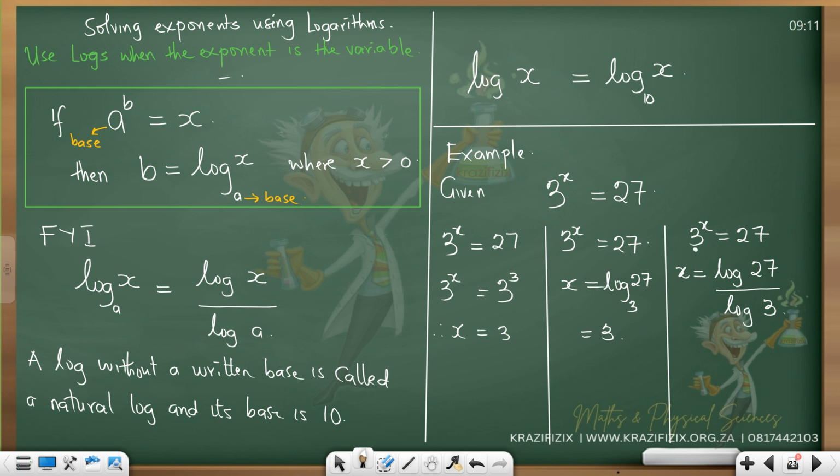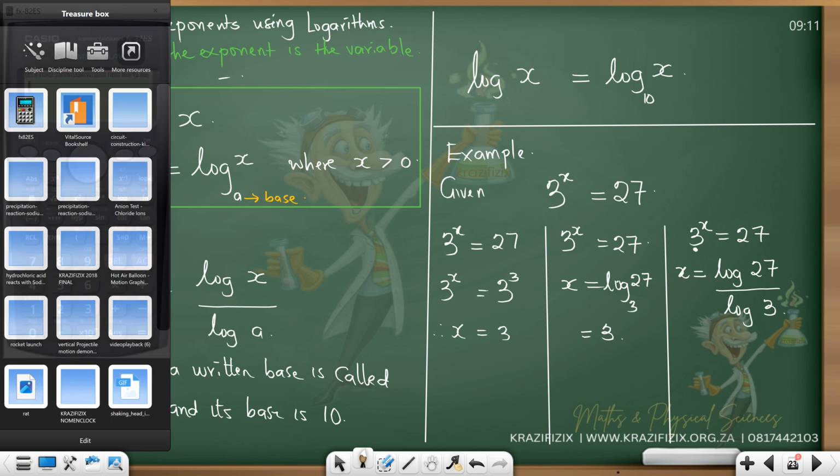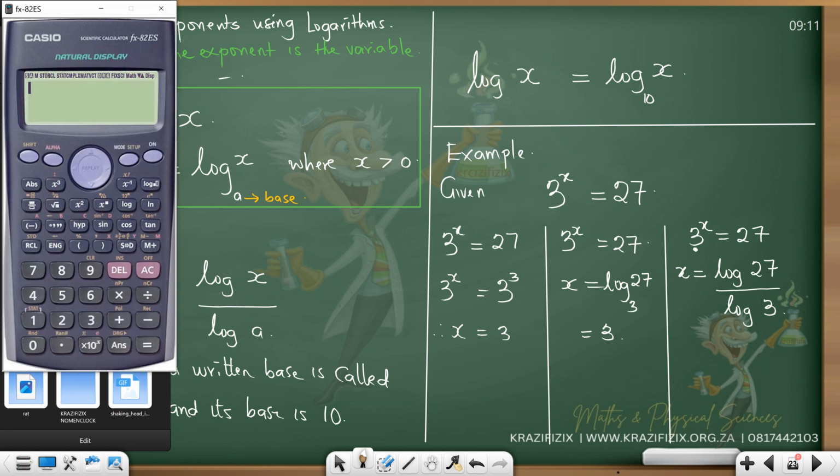It goes to the bottom. Now, which log am I using here? You find the other log, so division line. That log has no block. It's just log 27. Find it. It's the second log. You see, it has no base. It's a natural base. And your answer is still 3.